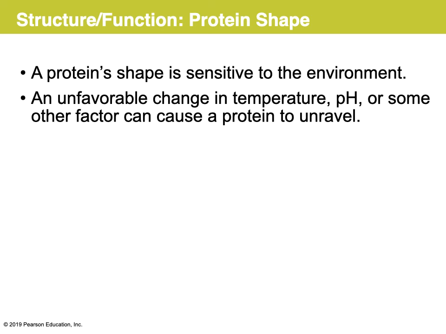So if you have an unfavorable change in temperature, that can break the bonds. pH, what is pH but a measure of whether something is taking up hydrogens or giving off hydrogens, right? So taking up hydrogens are bases, giving off hydrogens are acids. Well, those can lead to reactions that cause the protein to unravel. And we're actually going to have a lab where we get into this in detail.